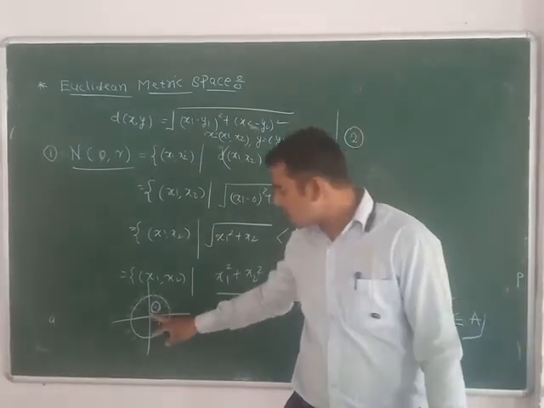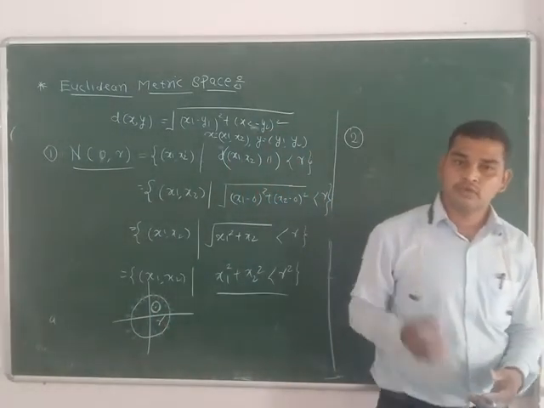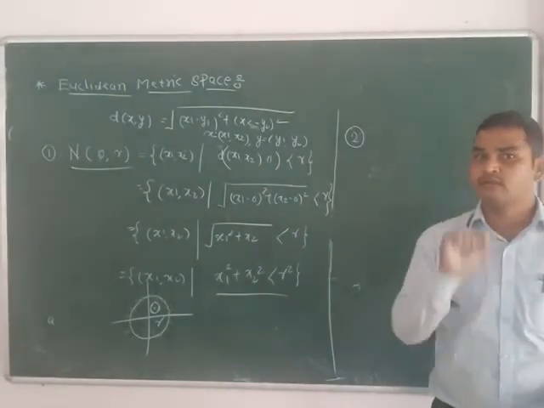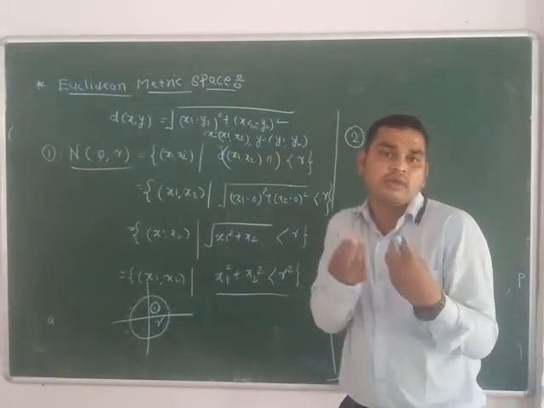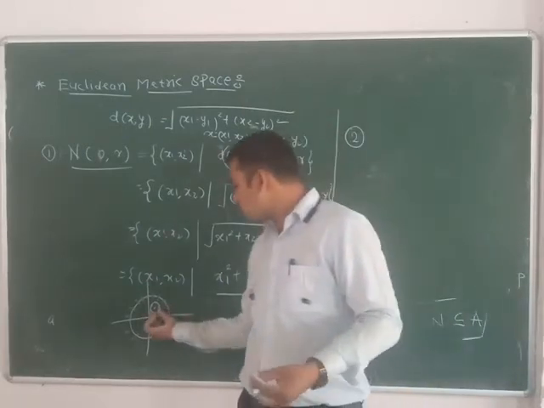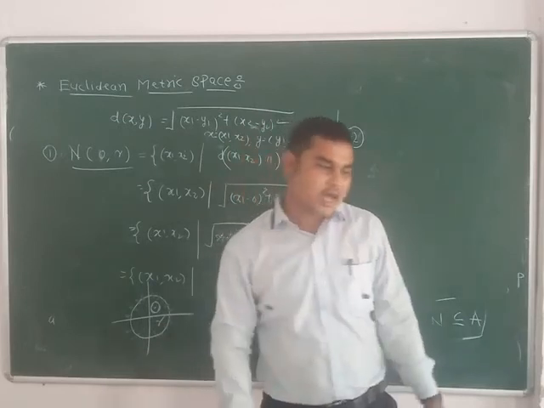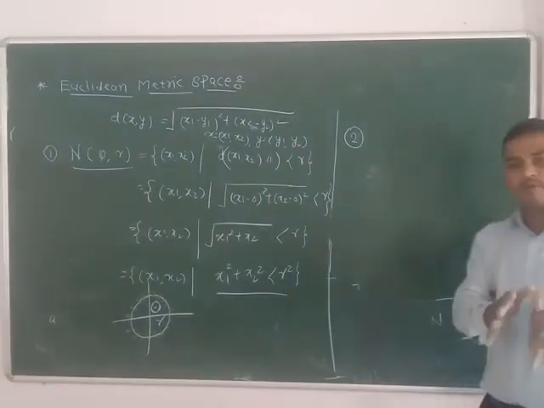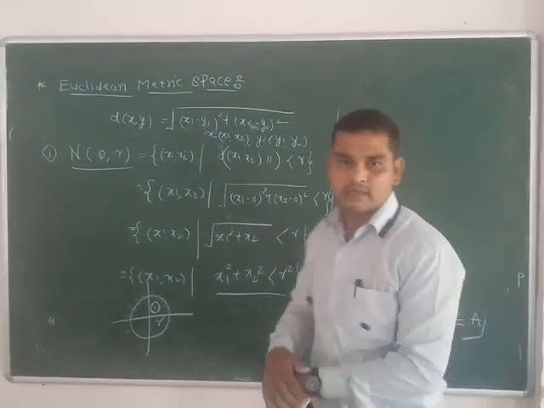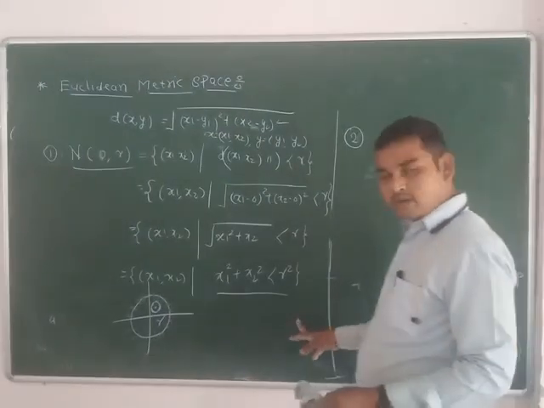So every point has a neighborhood which lies in this set, because we have the freedom to choose r. Suppose you give me one point, then I have to give the r such that this open ball completely lies in this set. So an open ball is an open set. An open set need not be an open ball, but every open ball is an open set.